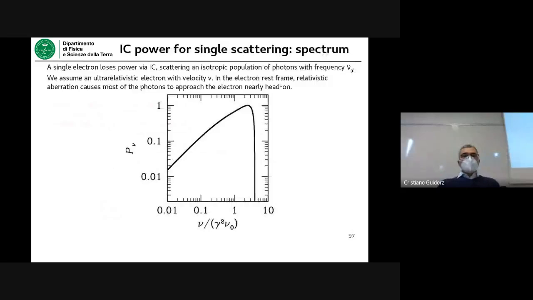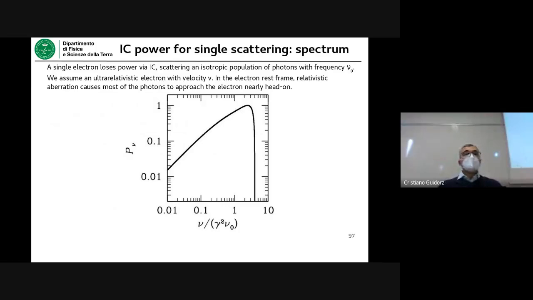What we didn't see yet, much in the same way as we did for the synchrotron radiation, is this: if you remember, we first calculated the total power lost by an electron, and we got this very same formula that we obtained here for the inverse Compton, with dependence on gamma squared, on energy density, and so on. Then we spent a lot of time in obtaining the radiation spectrum. Remember the role of the relativistic beaming, the critical frequency, all that stuff.